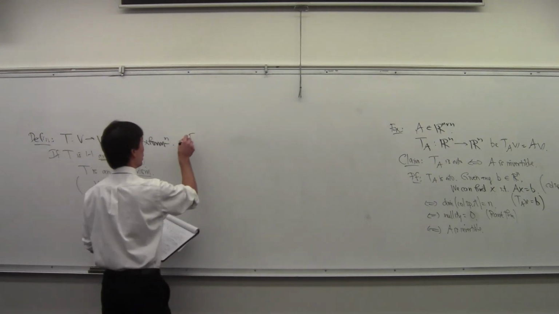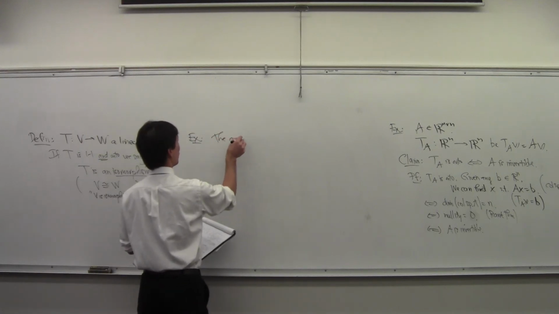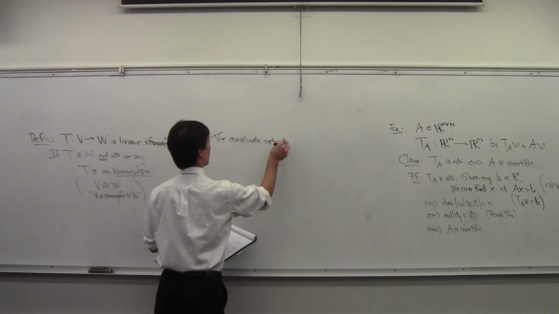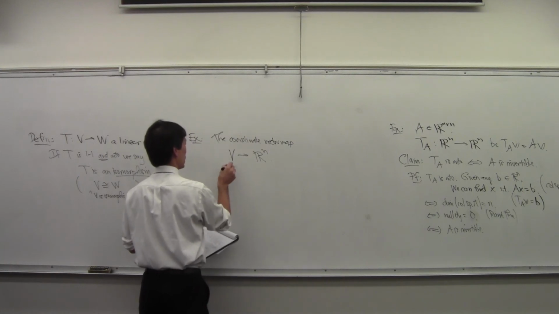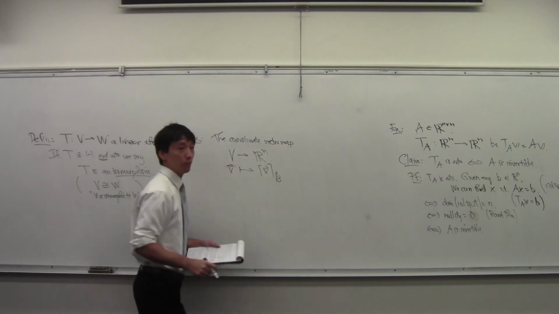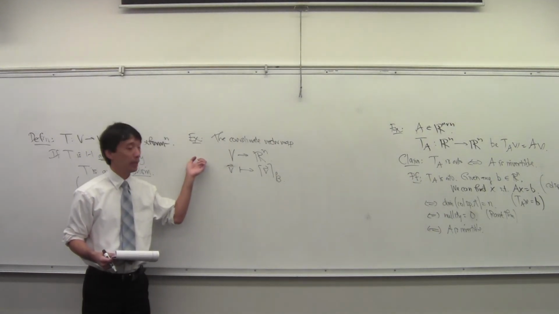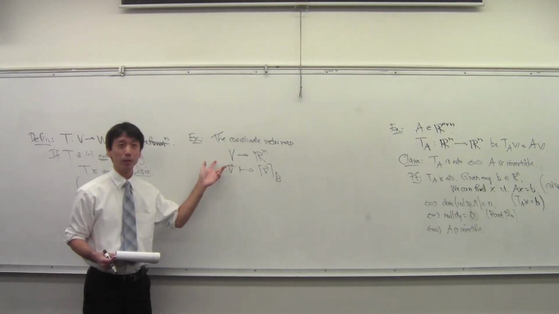So for example, again, the coordinate vector map from V to Rn, taking a vector to the coordinate vector with respect to some basis, we saw that that was 1-to-1, and that's also onto.